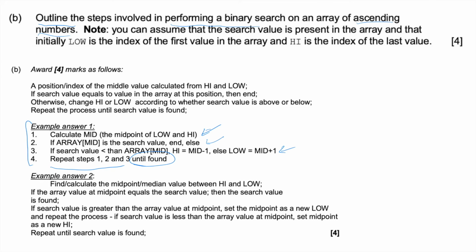But here, particularly if we're looking at a problem where we assume that the target value exists in the array, we can just repeat steps 1, 2, and 3, or we can just repeat our algorithm until we find the target value. And that could also go with a while condition. So we could just say loop while target is not equal to mid, or something like that, depending on the nature of the question and the array that we're working with.